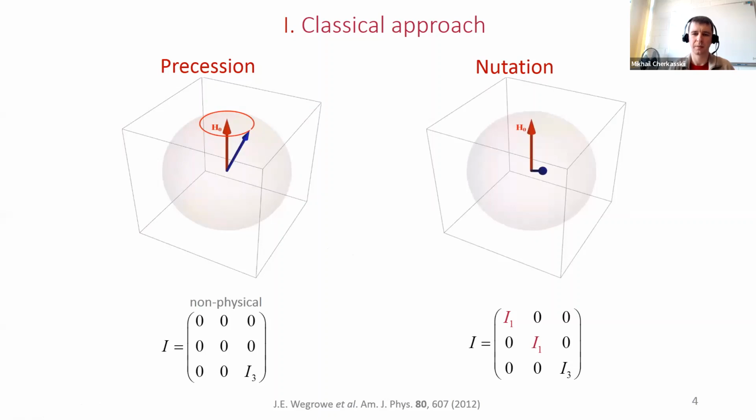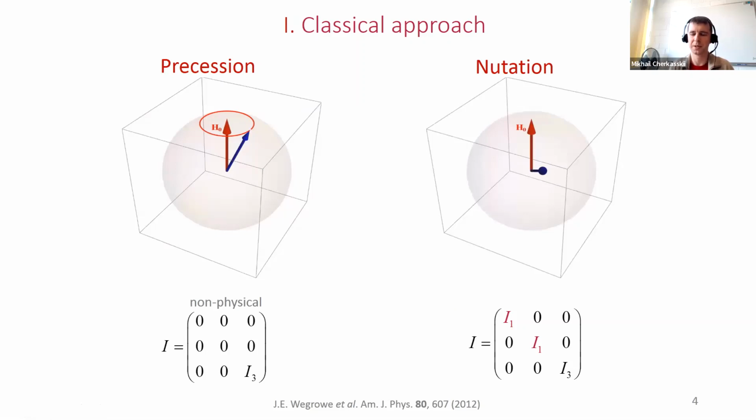This is a very famous model, which was revised by Ciornei in 2011. He showed that such a model corresponds to a non-physical tensor of inertia of the spinning top, and he generalized this model by including additional components in the tensor of inertia.